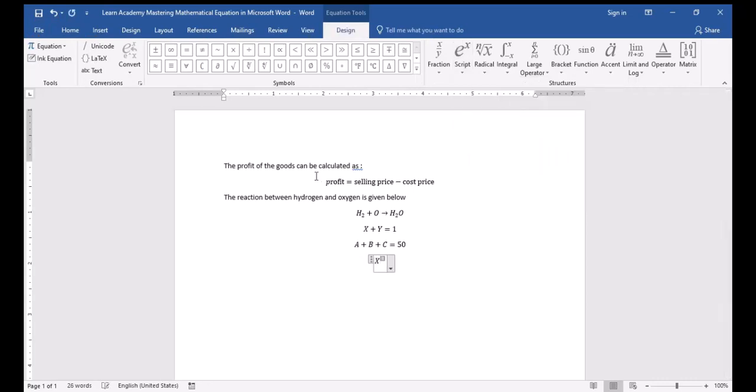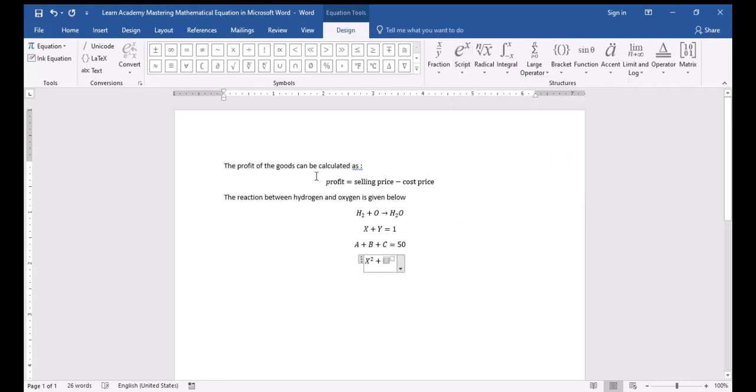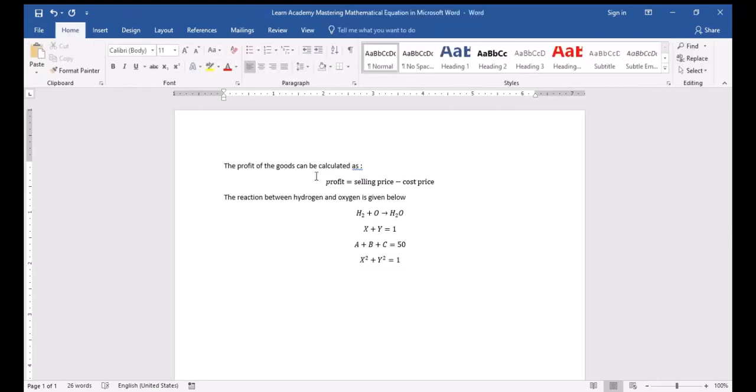So I have my x squared, then plus, Alt J, E, then I press s again, I press enter. So y squared, then equals 1. So you can see how easy it is for me to go through the keyboard shortcuts, making it very fast and easy, so I can type in quite a number of equations, and it makes it quite interesting for me.